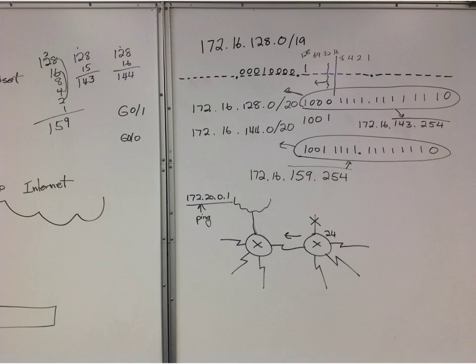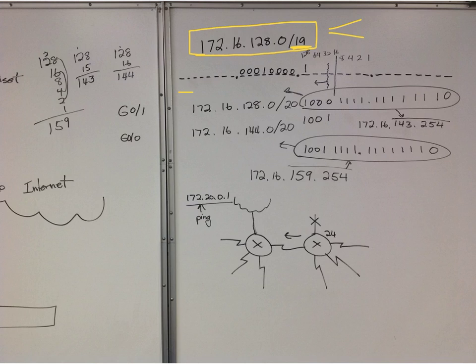Now, let me run through this briefly. Here, we took a look at, this is from Packet Tracer, Skills Integration, and they want you to subnet this into 2 networks, and it's already a /19.